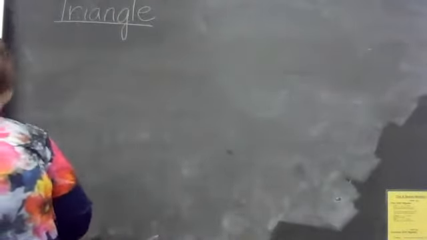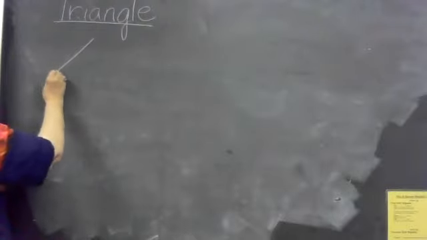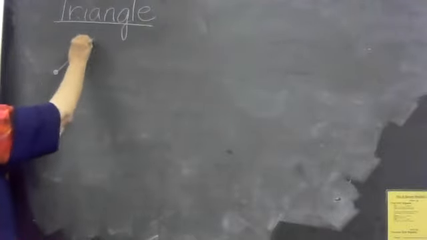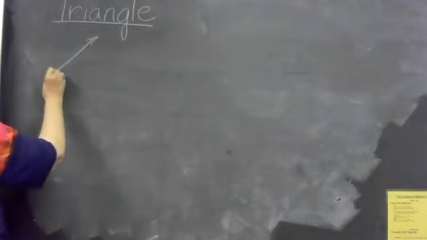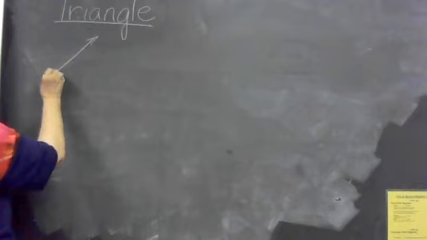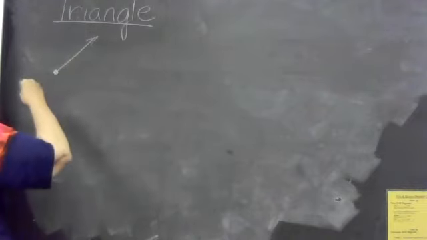Now, we said that an angle is simply 2 rays. We talked about the definition of a ray a long time ago. A ray is a part of a line that has a set endpoint and goes indefinitely in another direction.